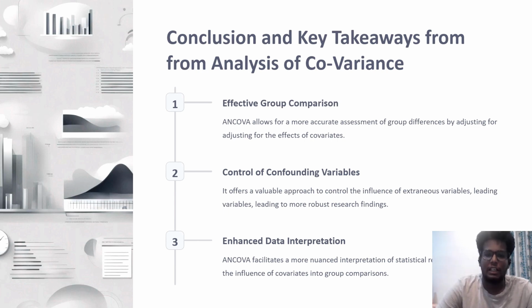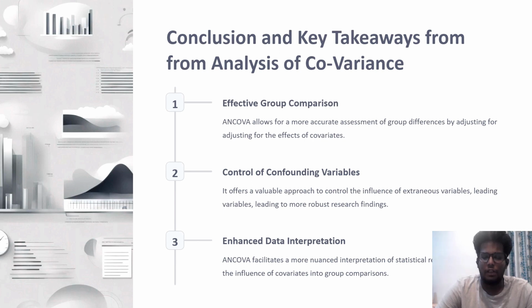Now we'll see the key takeaways from the analysis of covariance. First, effective group comparison. ANCOVA allows for a more accurate assessment of group differences by adjusting for the effects of covariates. Second, control of confounding variables.